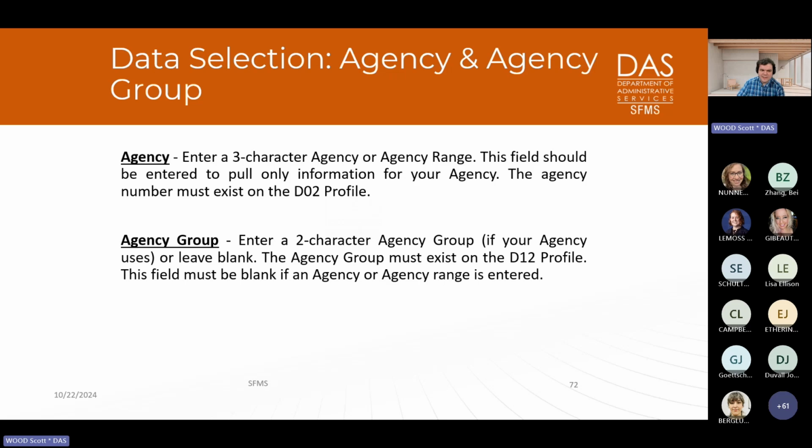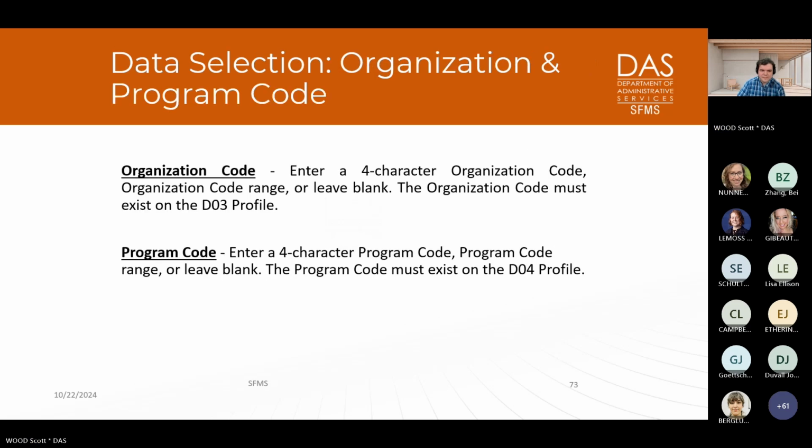If you want to select an agency, use your 3-character agency code. It must exist on the D02 profile. For agency group, use the 2-character code from the D12 profile, or leave it blank if an agency is entered.